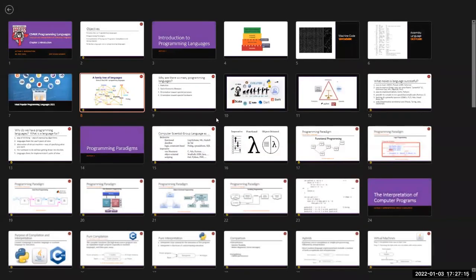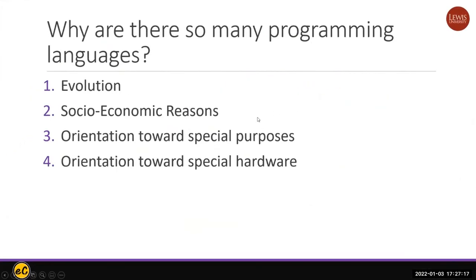So evolution is one of the reasons why there are so many languages. There are also socio-economic reasons, such as company issues. Some vendors support certain languages, such as the Java language, which is primarily supported by Oracle and also by the Android system from Google. C# and F# are primarily supported by Microsoft.